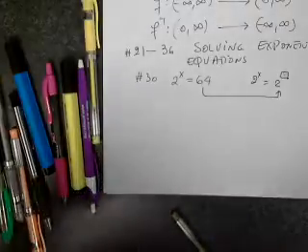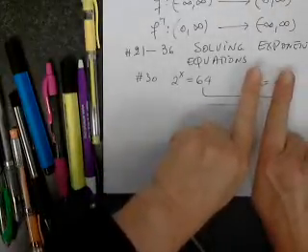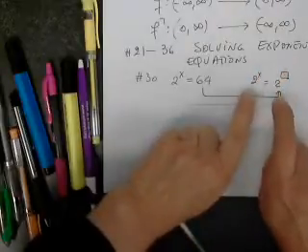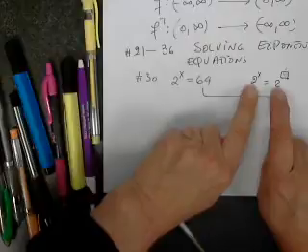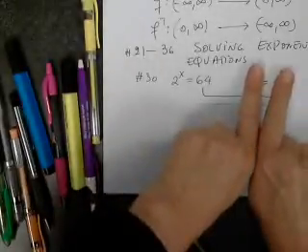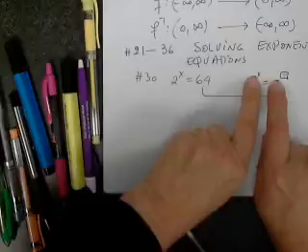Now here is what I'm telling you. These two numbers are the same. They are equal. And they have the same base. We cannot simplify bases or reduce bases or anything like that. So this is the concept. These two numbers are the same, and their base is the same.